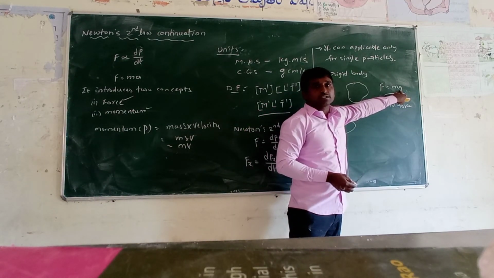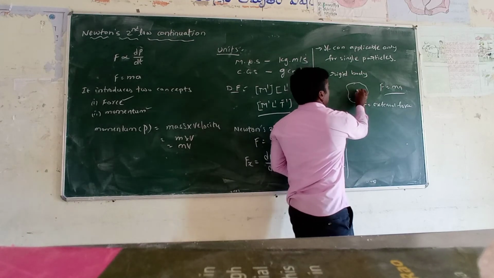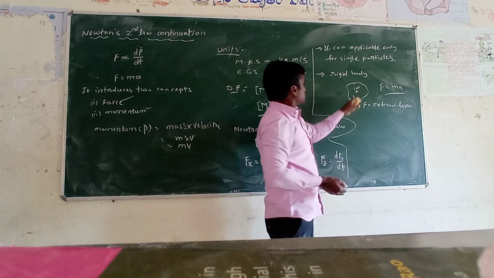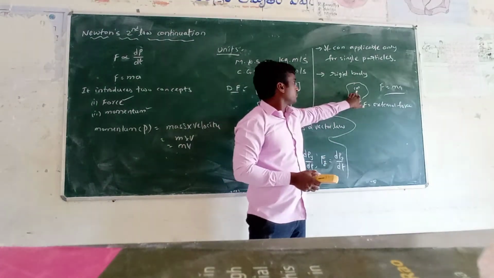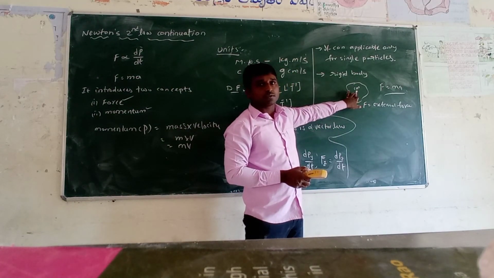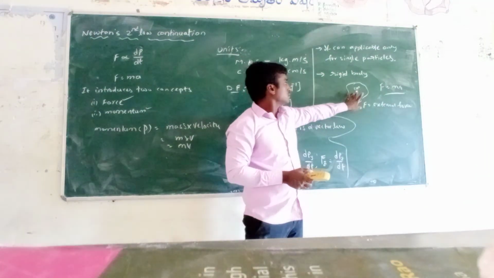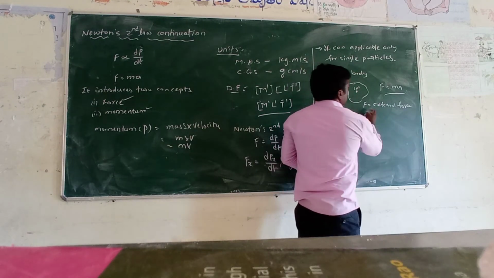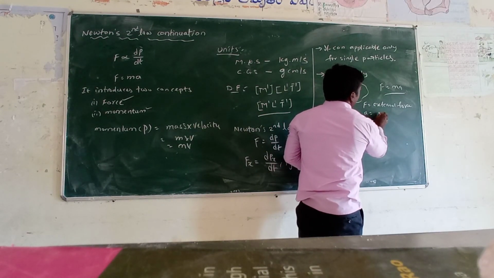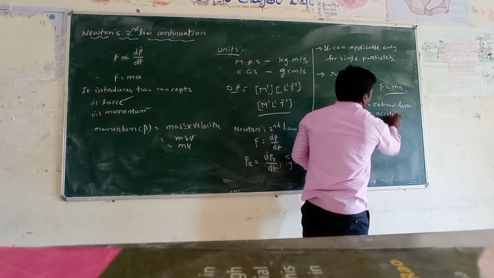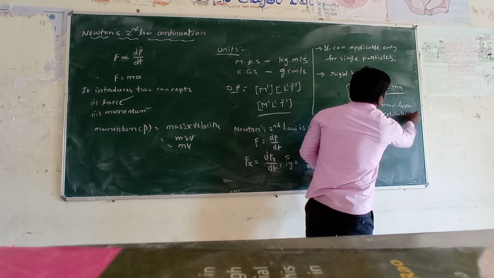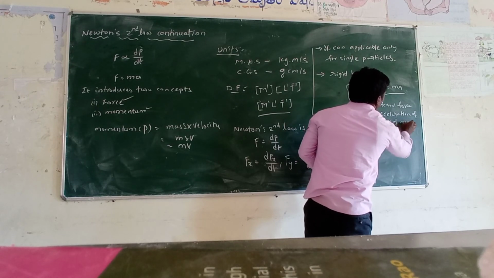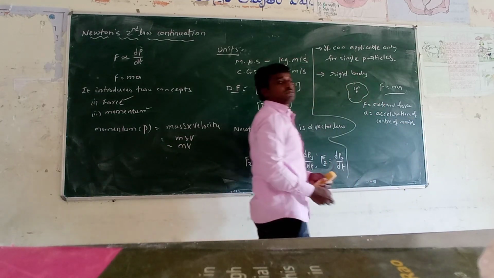A is the acceleration of the center of mass. You will study the center of mass in the next chapter. So F is the external force and a is the acceleration of the center of mass.